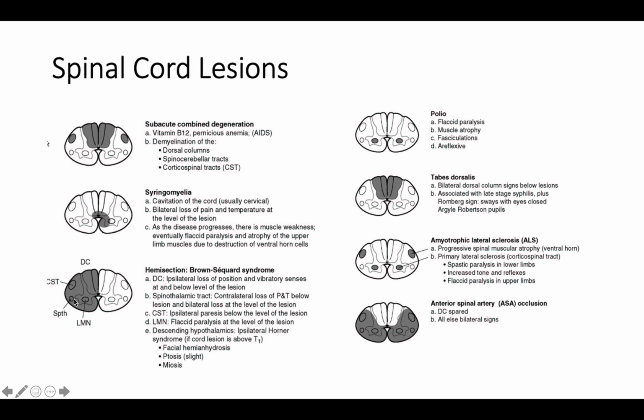However, because the spinothalamic tract has already decussated here, at the level of the lesion it will be a loss on the contralateral side. In addition, we will lose everything below that on the contralateral side.